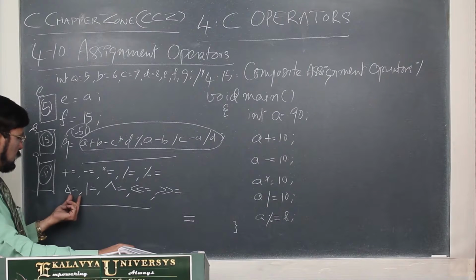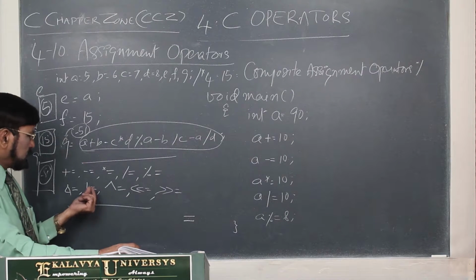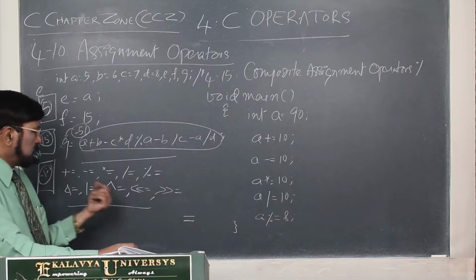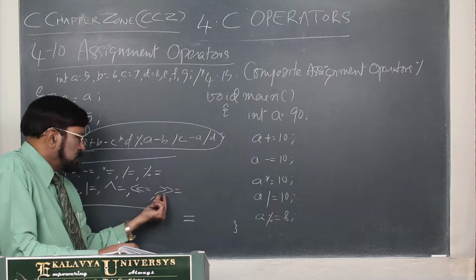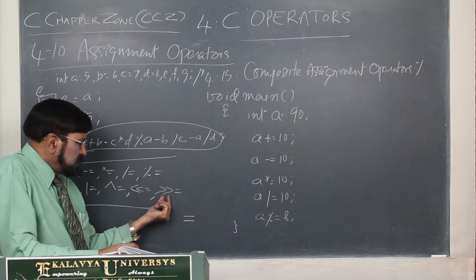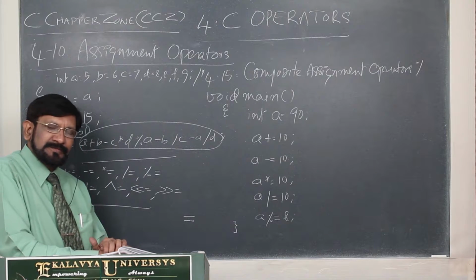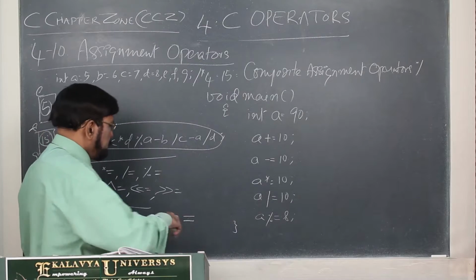With that also we can form bitwise AND equal to, bitwise OR equal to, bitwise exclusive OR equal to, left shift equal to, and bitwise right shift equal to. These are 10 composite operators. What is their functionality? I have to explain to you.